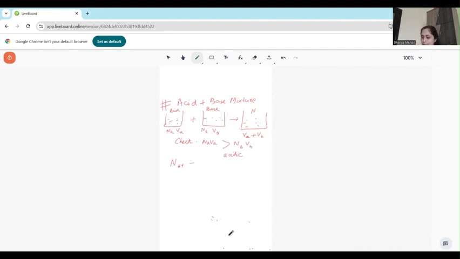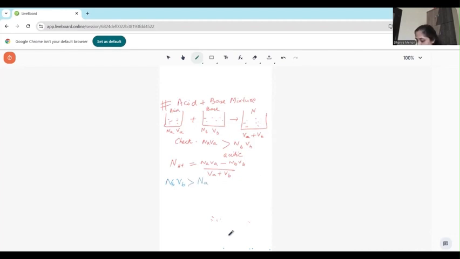In the other case, if the gram equivalents of base is more than that of acid, what kind of solution is it? If it is the other way around, the solution is basic.